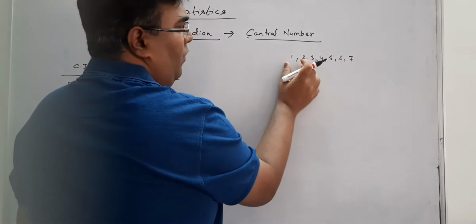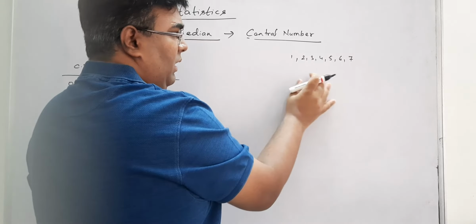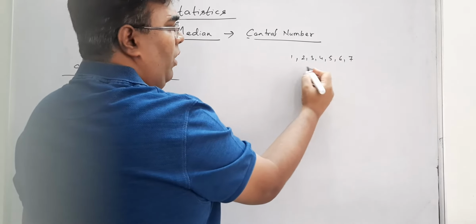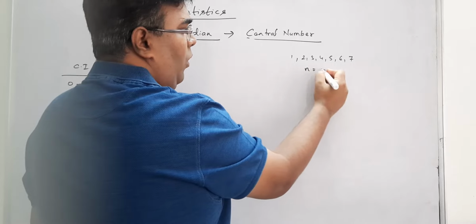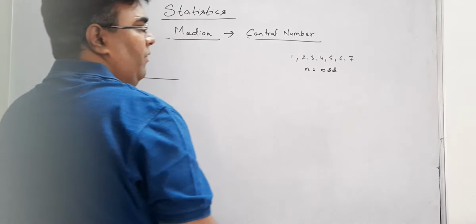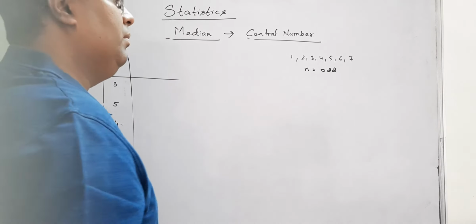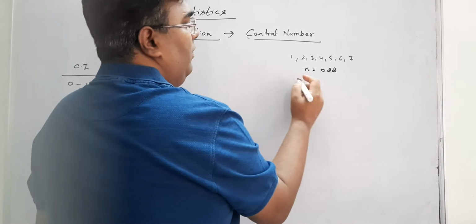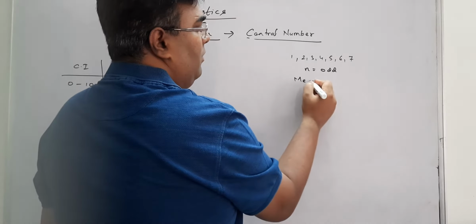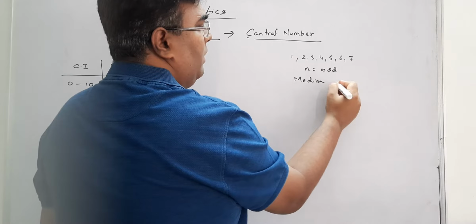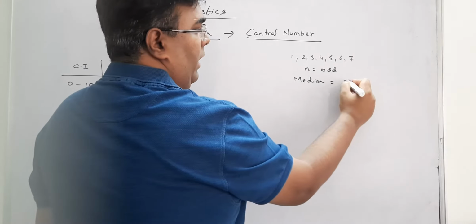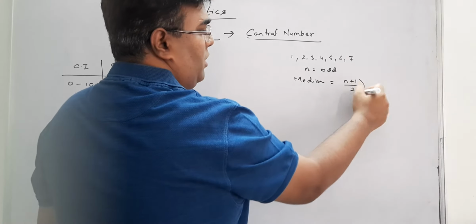If the number of observations is odd, suppose n is odd, we have only one middle number, and that middle number can be found. We will write that median is equal to the (n plus 1) by 2th term.